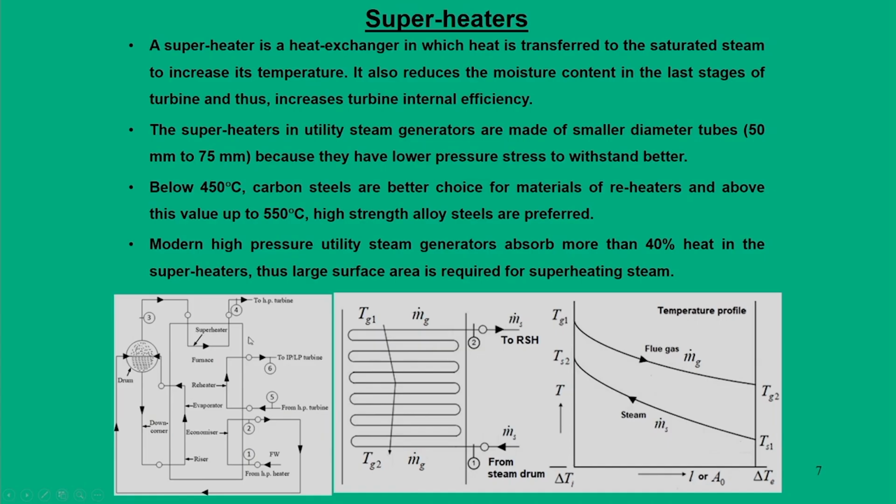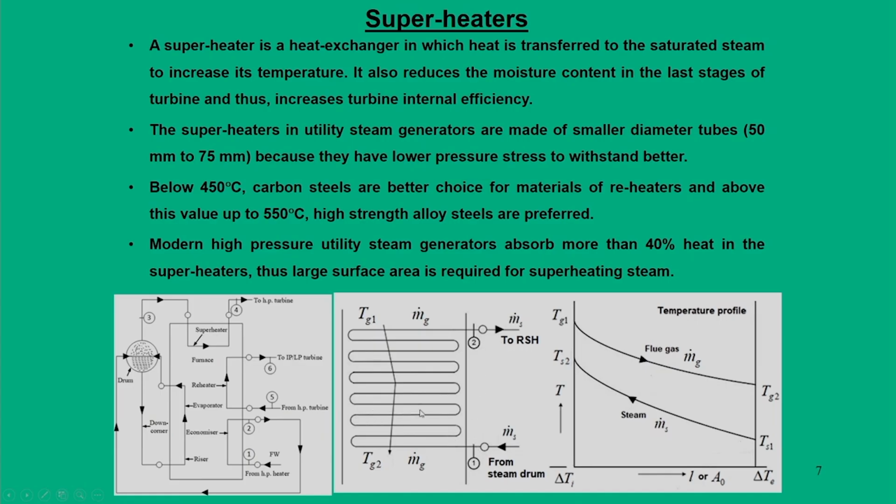Once we get the saturated steam from the steam drum at state point 3, it enters the superheater. Schematically, if you look at this figure, from the steam drum the saturated steam enters at point 1 and superheated steam leaves at point 2.